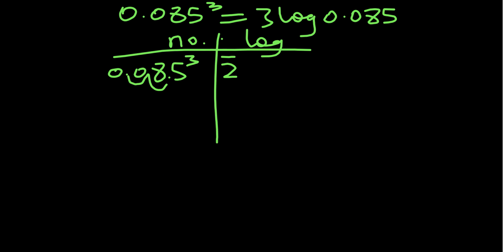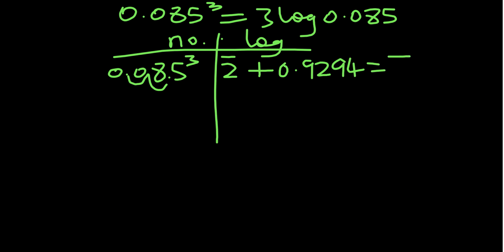Okay, so you have to combine this with the mantissa value, which you're going to get by finding the log of 85 from your log table. And when you found that, it will give you 0.9294, all right?